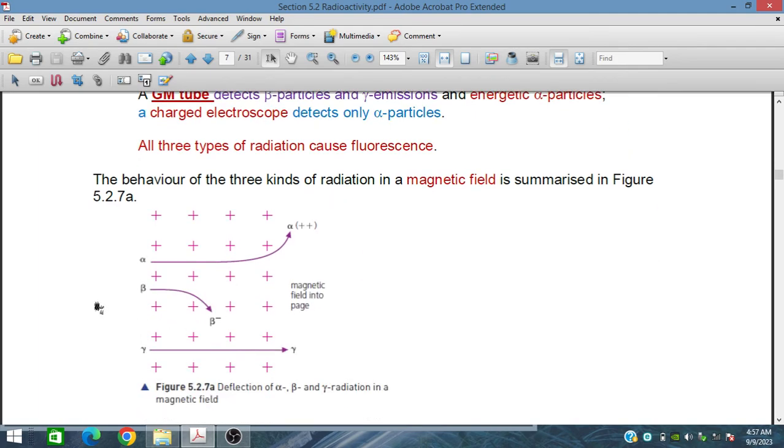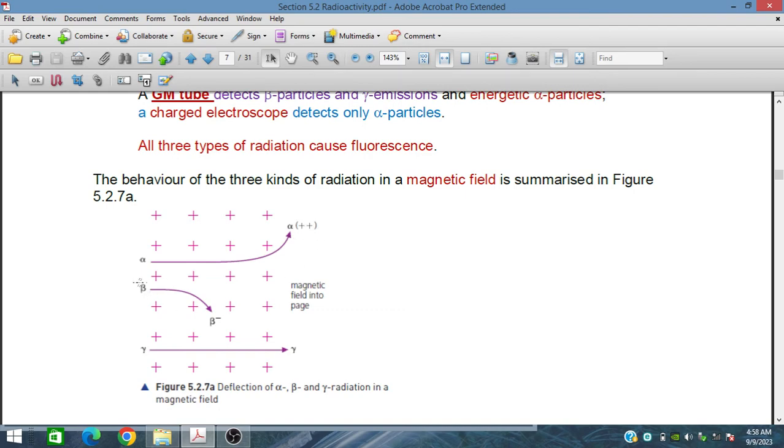So this is alpha particles in a magnetic field. The magnetic field is inside the page, from north to south as shown here, and the alpha particle will move in this direction.